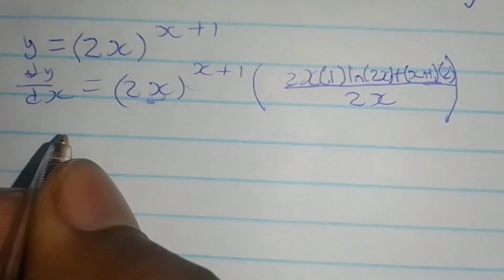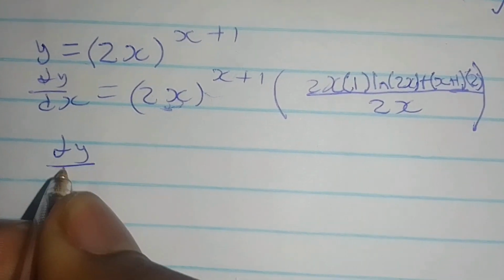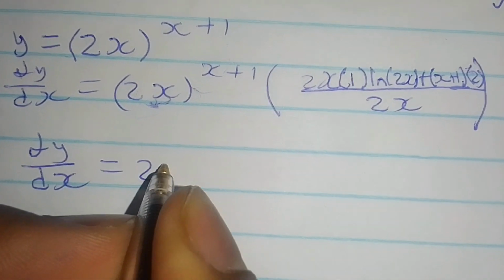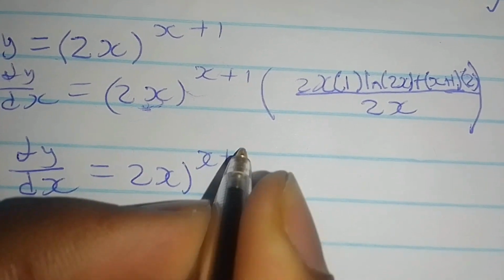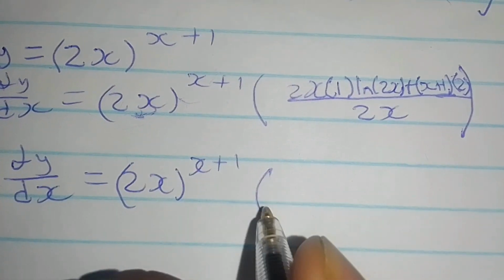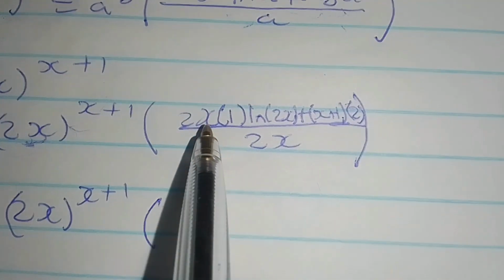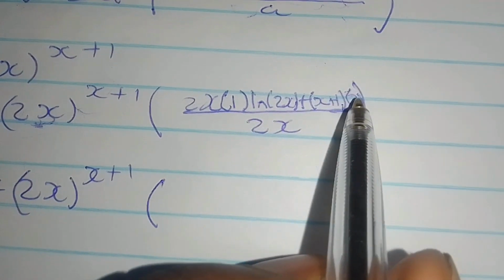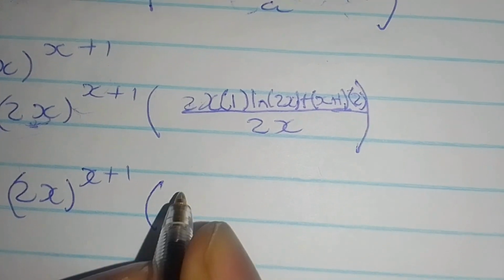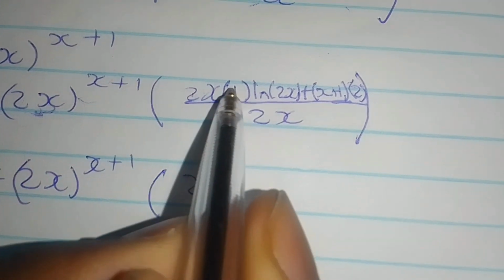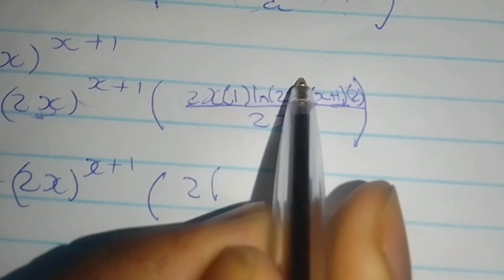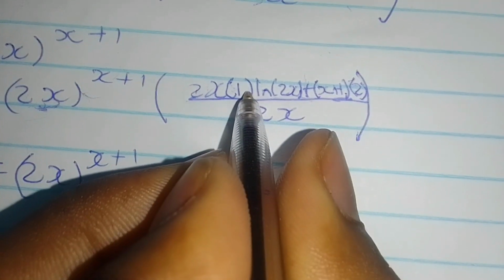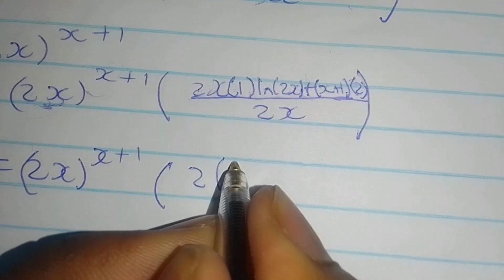Let's see if I can further simplify this. dy over dx is going to be 2x to the power x plus 1 into, notice that in the numerator here, I have 2 on both terms. That means I can factor it out. And here on this term, when I factor 2 out, I'll have x times 1, which is x times the natural log of 2x.